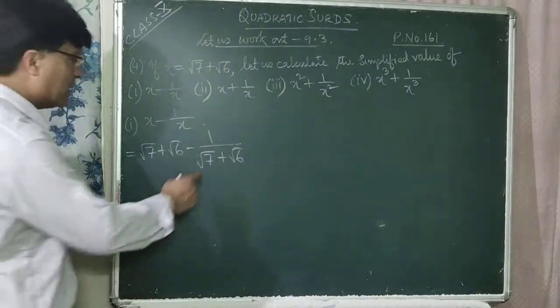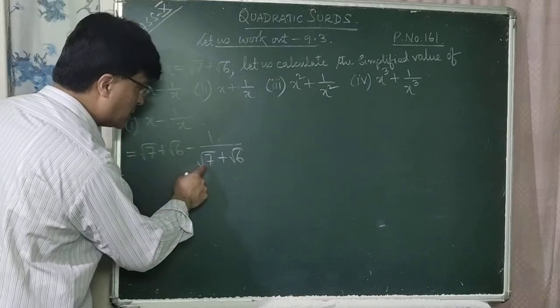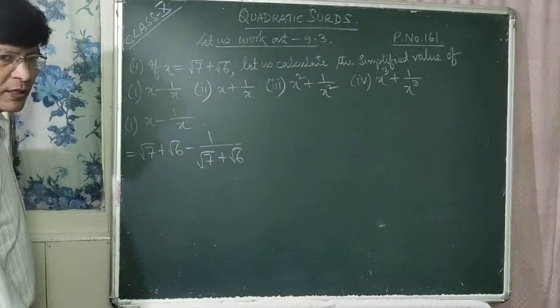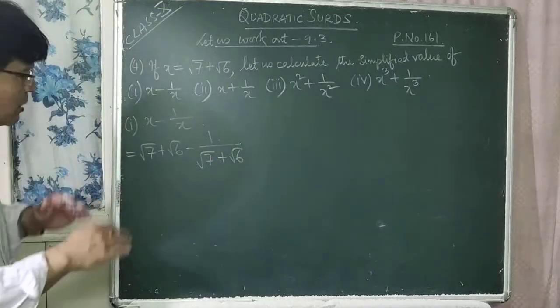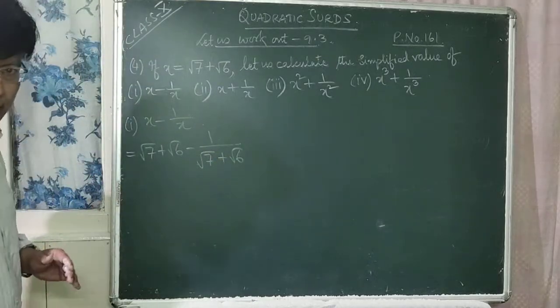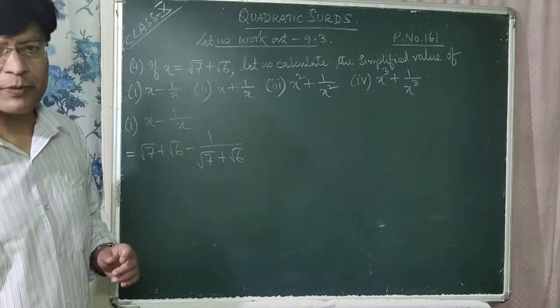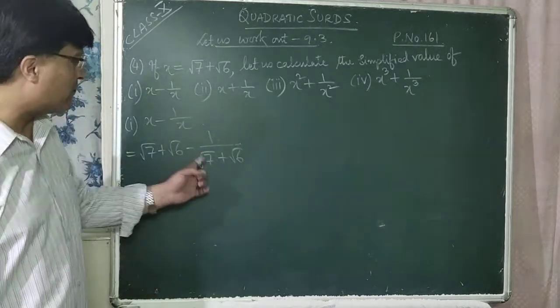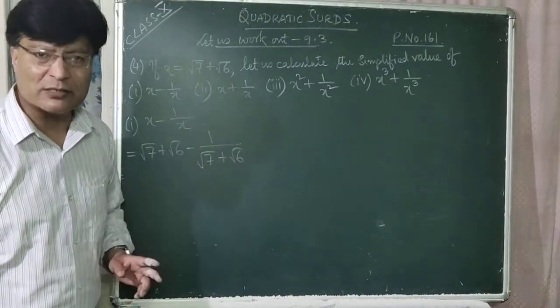Okay? So let us simplify this third term. In the third term, the expression is root 7 plus root 6. So you have to remove square root from the denominator. That means you have to rationalize the denominator, or you have to remove square root from the denominator. So what is the rationalizing factor of root 7 plus root 6? It is root 7 minus root 6.